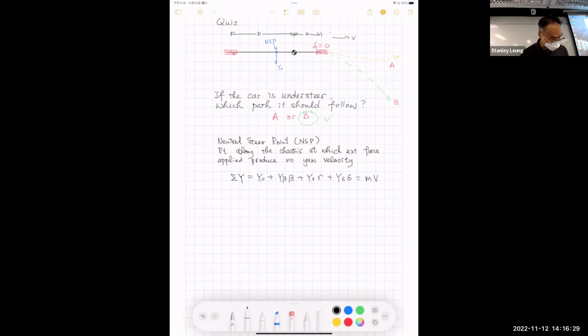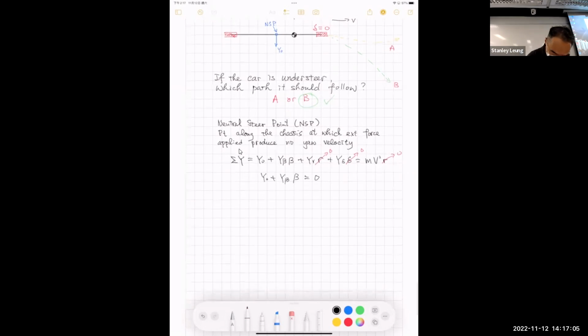A is V square over R. Okay, so now at this model, no rotation, so no yaw velocity, 0. We didn't steer, 0. Okay, so the force equation, you only have the Y naught plus Y beta equals to 0.